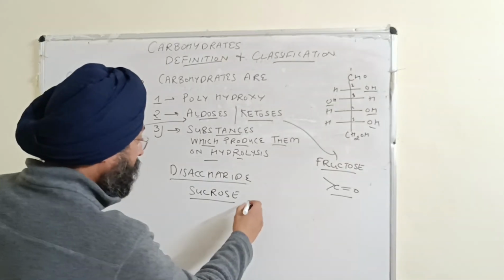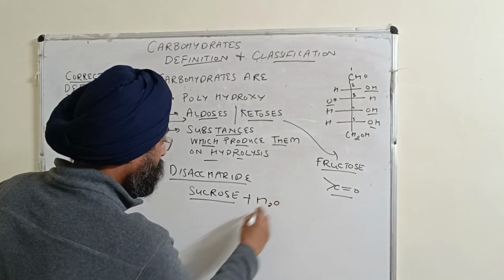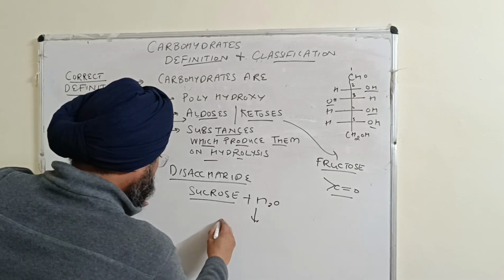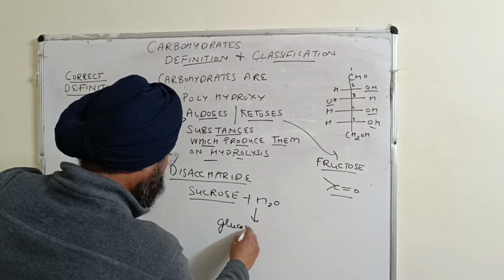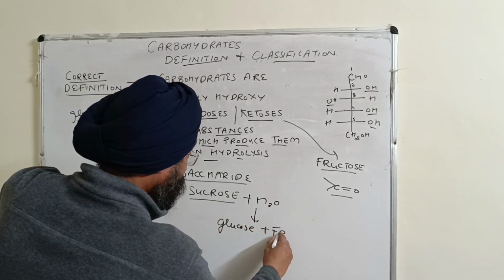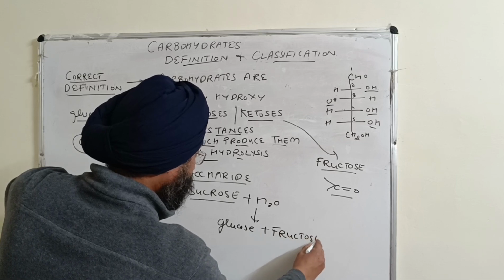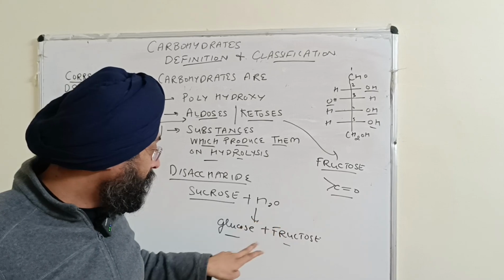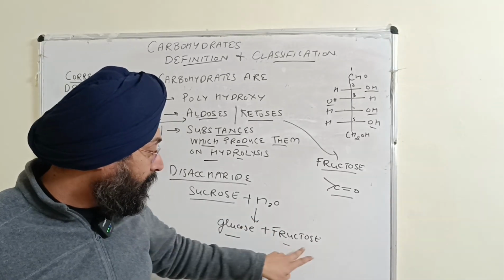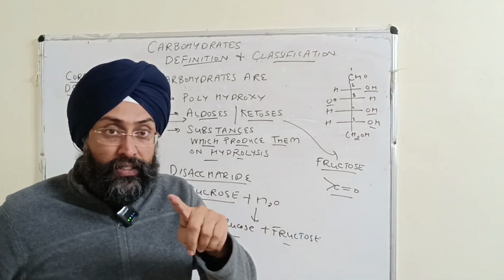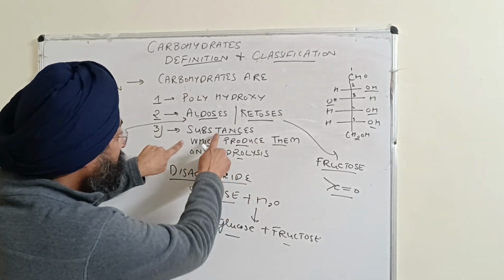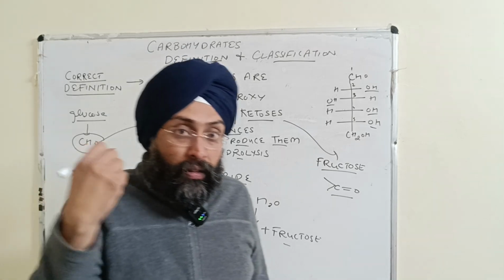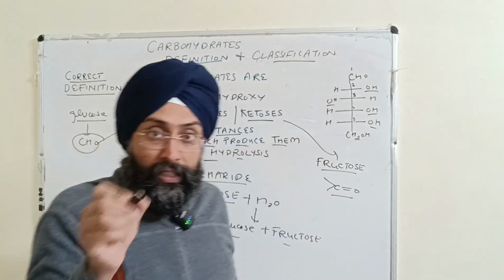Sucrose, when we'll add water to sucrose, it will be converted into two molecules, that is one is glucose and the second is fructose, right? So since it is a disaccharide, on hydrolysis it yields two monosaccharides, that is glucose and fructose. So the definition covers the third aspect, substances which produce them on hydrolysis, right? And the same is applicable to polysaccharides, right?